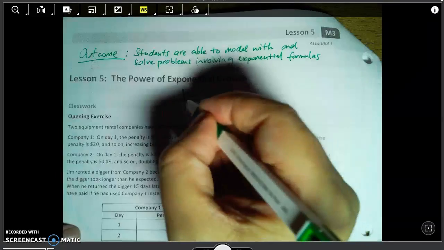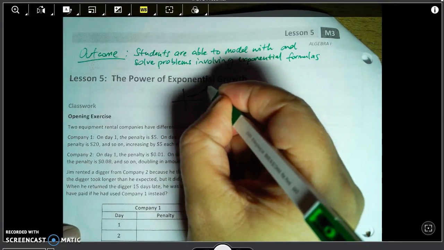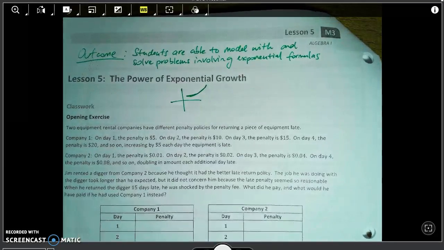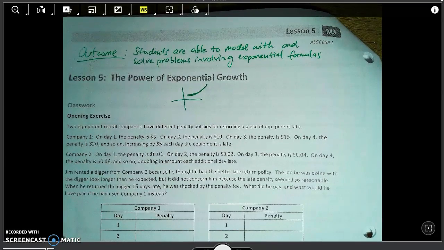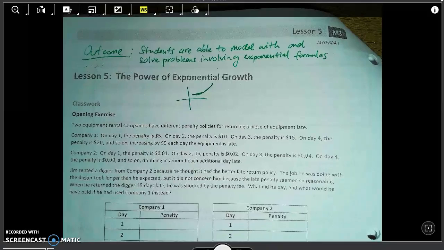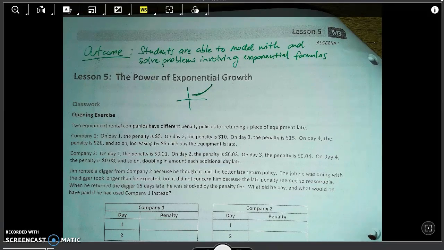It's a curved line that goes up exponentially. Exponential growth means something that starts off really slow and then picks up really fast, like growing the money in your account, usually your retirement fund.